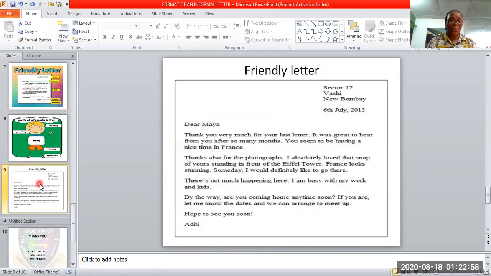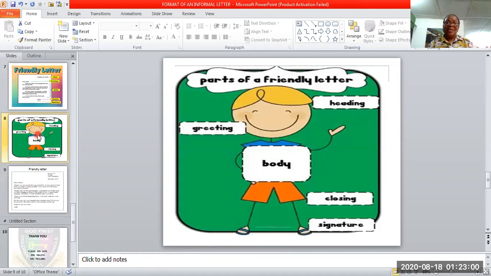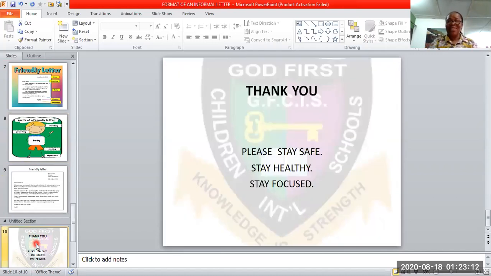We have also looked at the parts of a friendly letter: the heading, the greeting, the body, the closing, the signature. Very good. At this point, I would like to say thank you for paying attention to what we have learned, what we call informal letter in the English language.